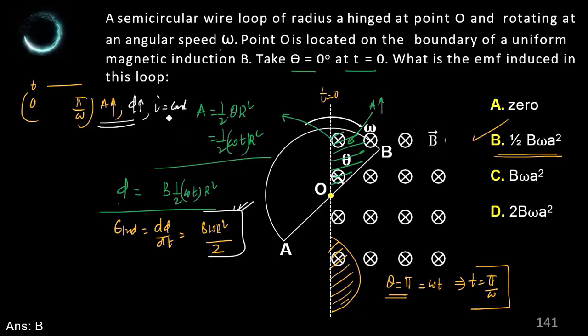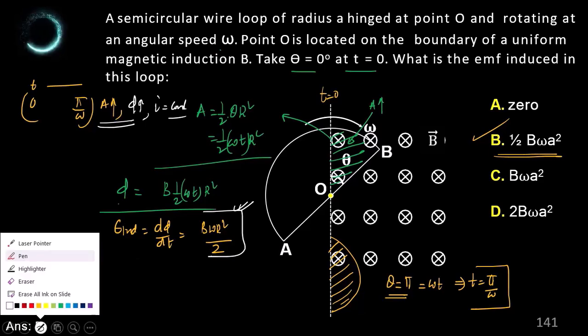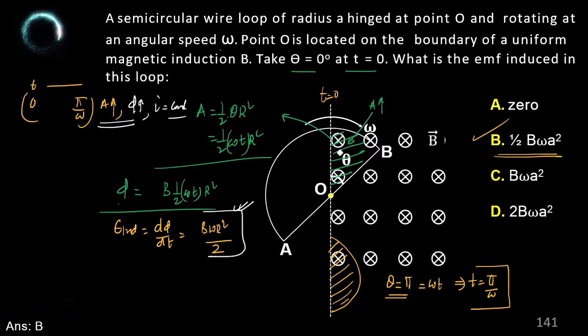I is constant. But once I am moving out of this situation, the area is decreasing. So flux is decreasing, and now the current will flow in the opposite direction. Once I enter inside the magnetic field, the area will increase, so the cross magnetic field will increase.